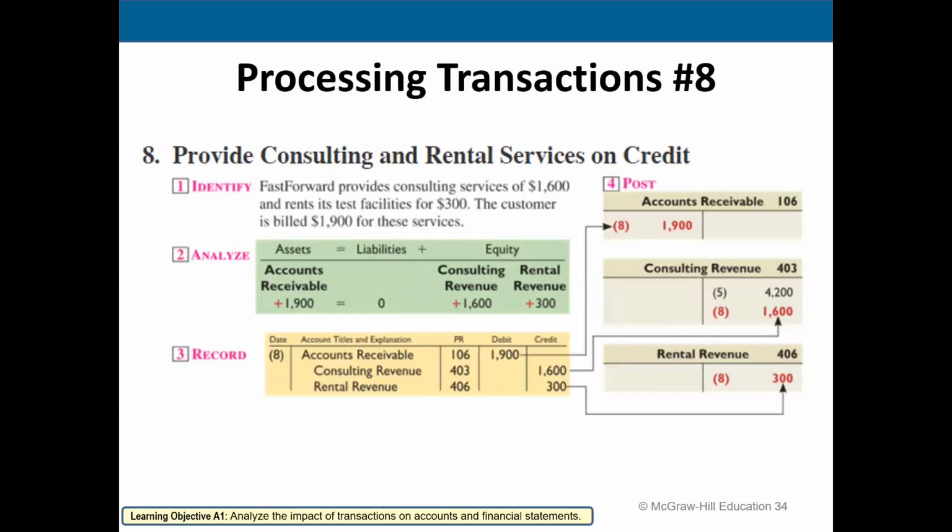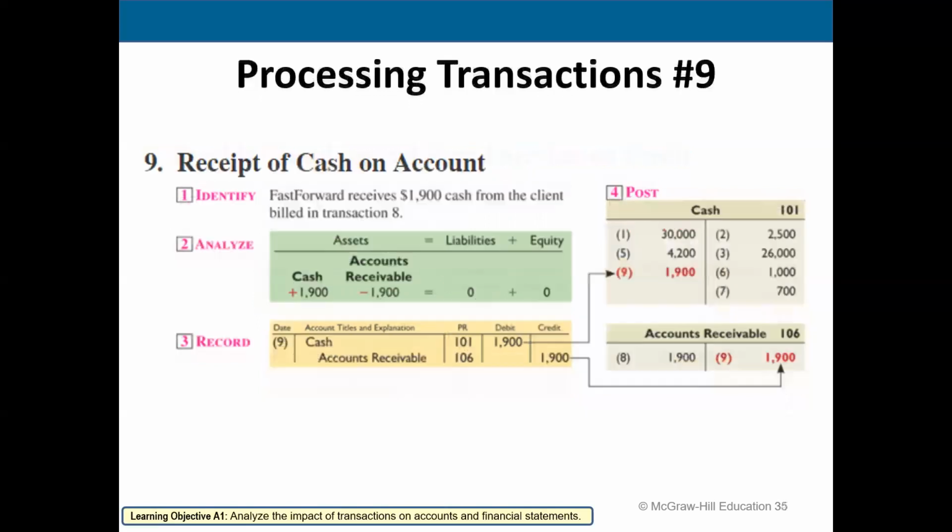And then our revenue accounts are on the credit side because we're increasing our equity through those revenues. And so we will debit accounts receivable $1,900, an increase to the asset, and then credit consulting revenue $1,600, and rental revenue $300, an increase to those revenue accounts. And then we post them to the ledger.